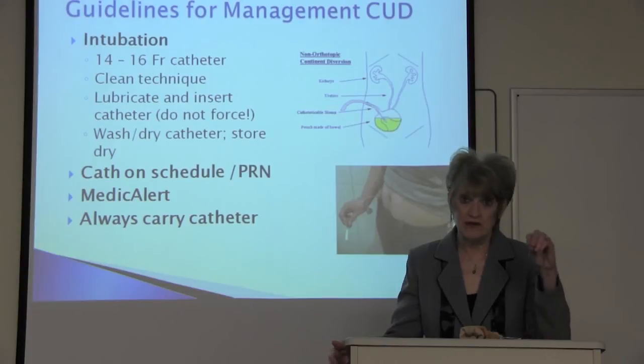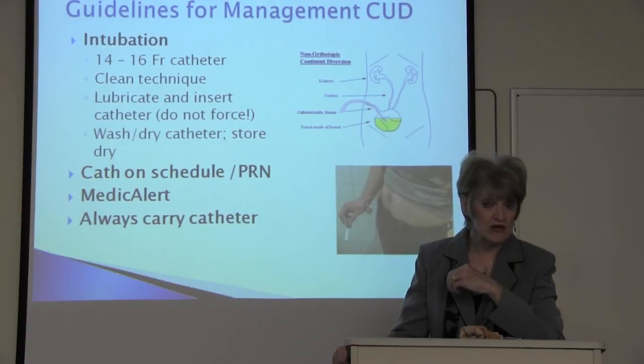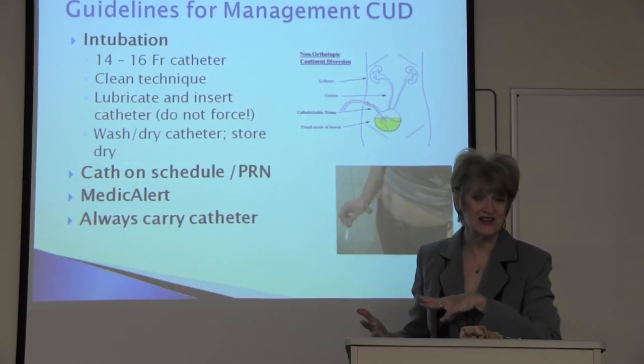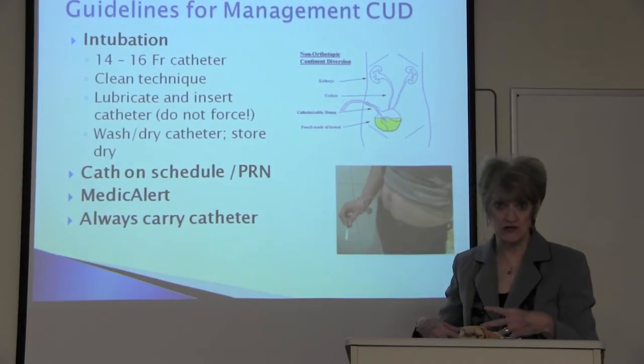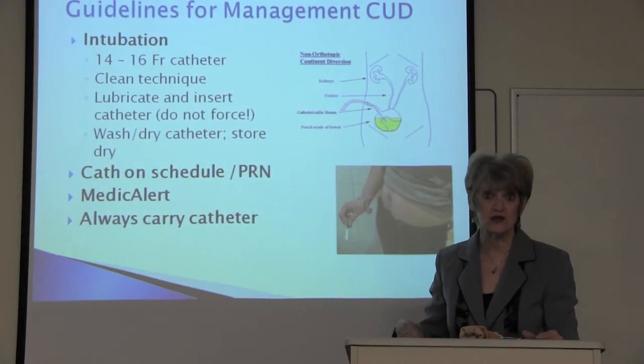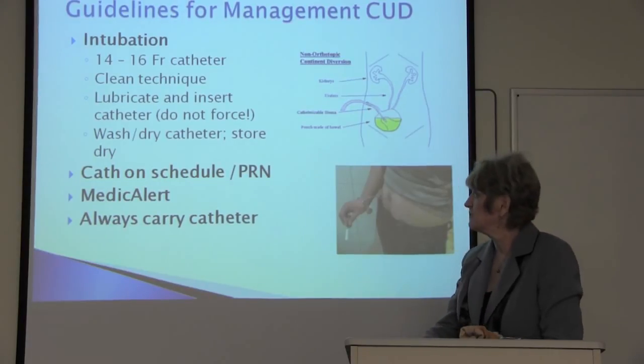So when they put the catheter in, all they're going to get is bloody drainage, and now they're loading you up with fluids. Your reservoir is filling, no one knows. So absolutely essential for them to have medic alert that alerts everyone to the fact that they have a continent urinary diversion, that a catheter has to be inserted through that abdominal stoma to drain the urine.